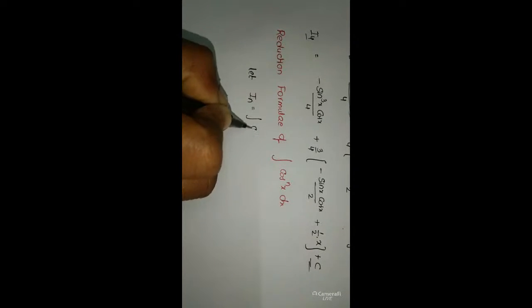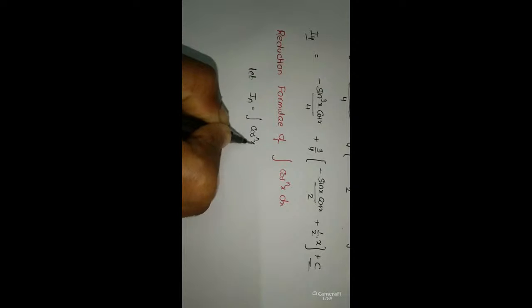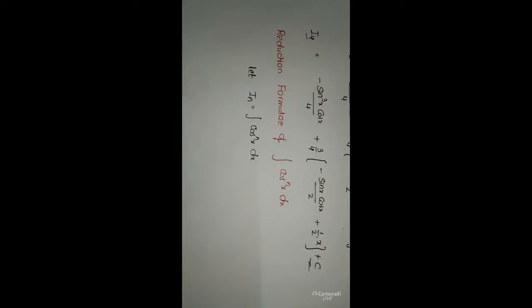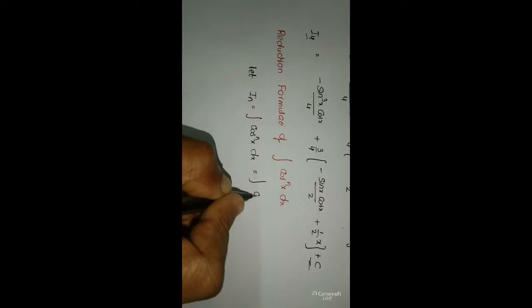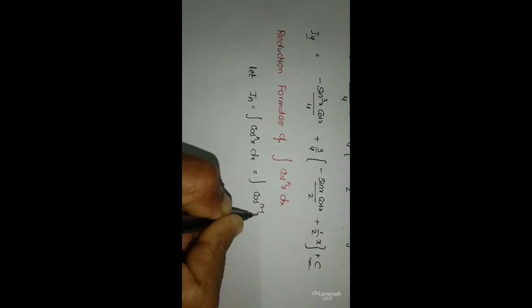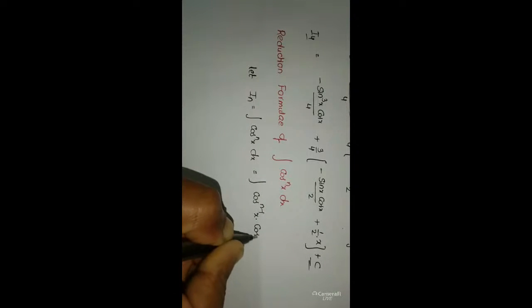So first we take that let I n is equal to integral cos power n x into dx, and this is equal to integral cos power n minus 1 x into cos x into dx.